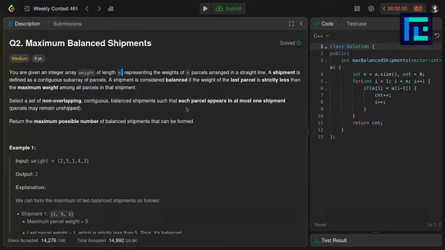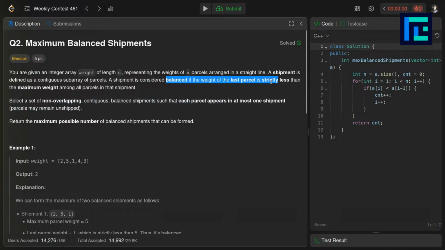Okay, it is balanced if the weight of the last parcel is strictly less than the maximum weight of all parcels in the shipment. Now, we need to select a set of non-overlapping subarrays. That's what it says. Select a set of non-overlapping subarrays which are balanced.